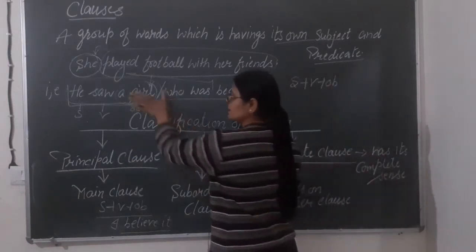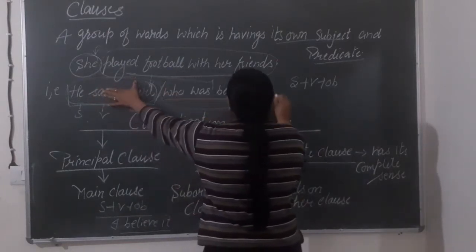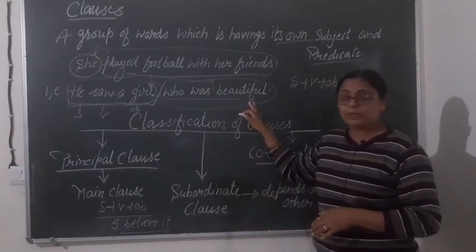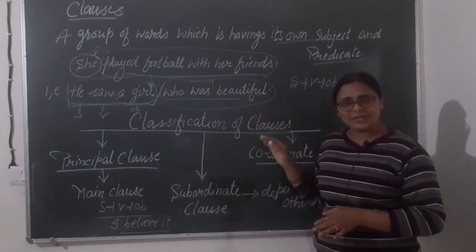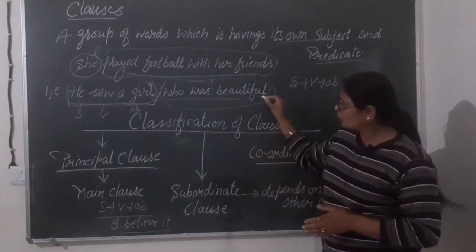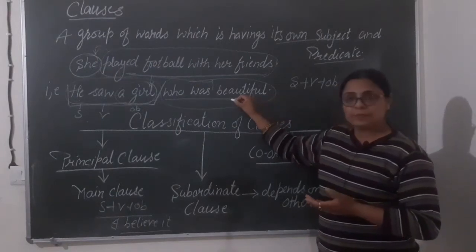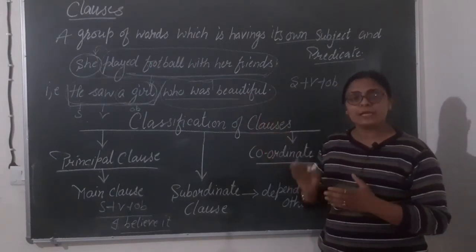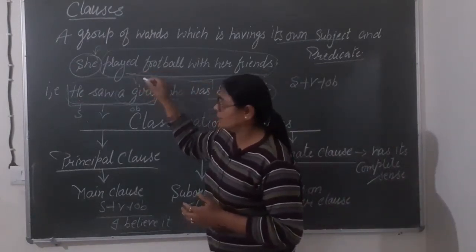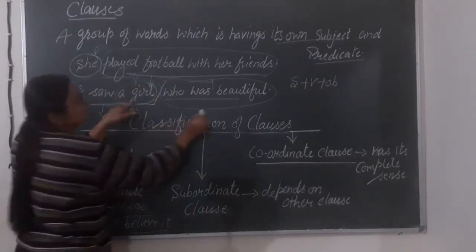When we hide this sentence and look only at this, who was beautiful, is it giving us complete sense? No, not at all. Why? Because this is incomplete. To make complete sense of this part, it depends upon this: he saw a girl who was beautiful.